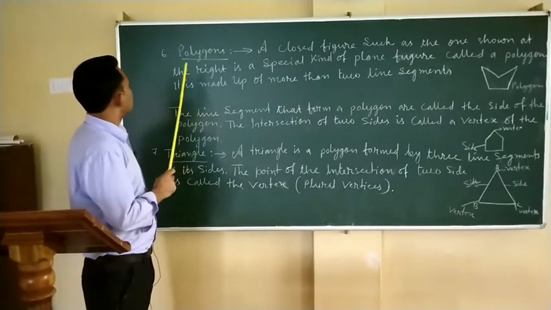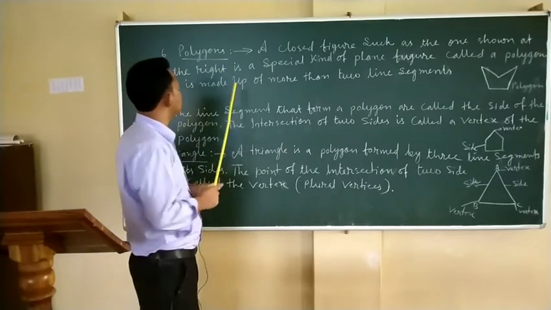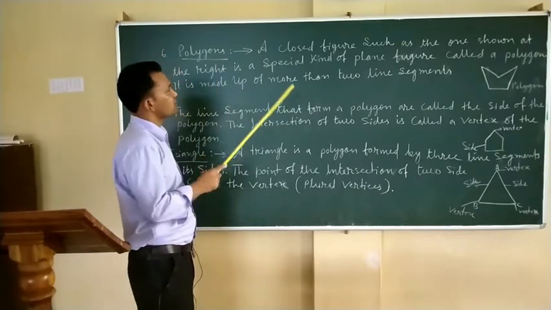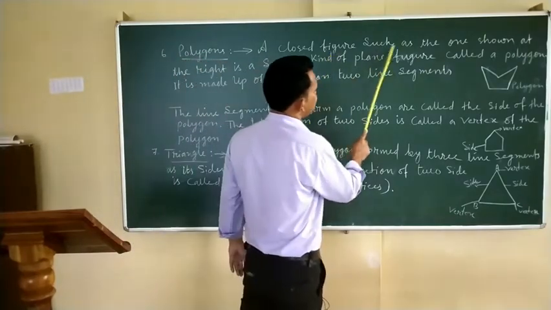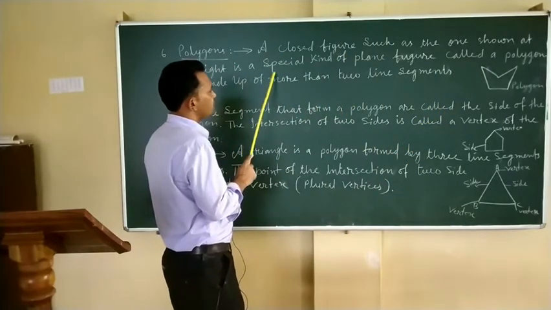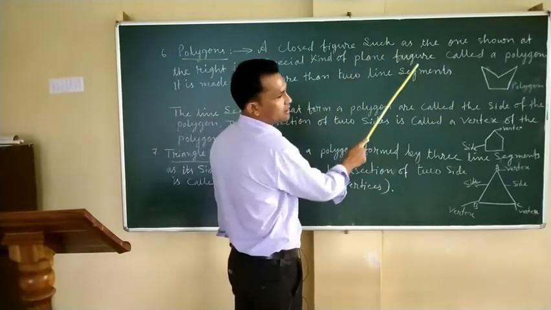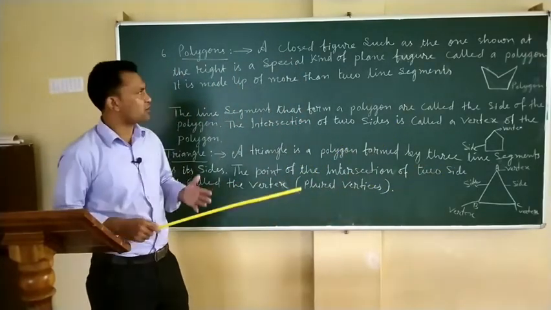Children, in number 6, here we will discuss polygons. So what is a polygon? A closed figure such as the one shown at the right is a special kind of plane figure called a polygon. So let me repeat once more.